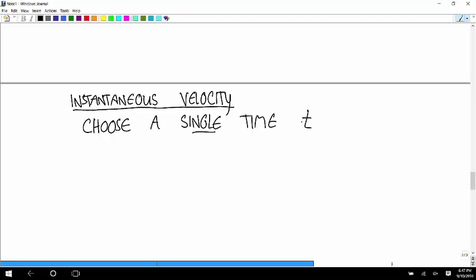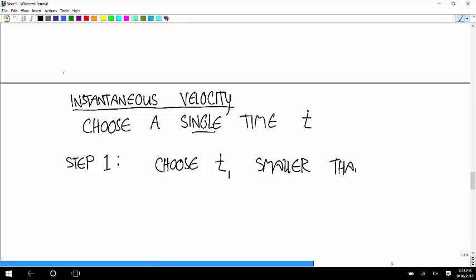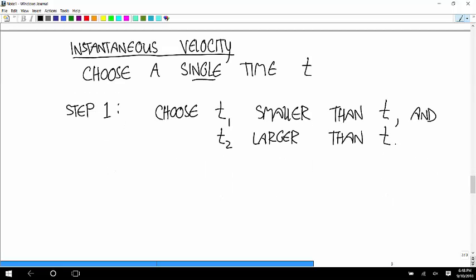The way you figure out what the instantaneous velocity is at that single time t is, I'll write it as 2 steps. Step 1: based on your single time t, choose a t1 smaller than t and a t2 larger than t, and notice what you get for the average velocity.